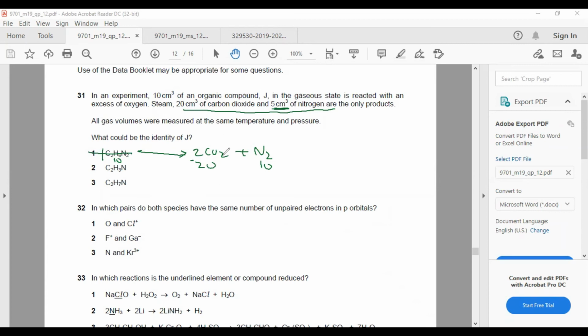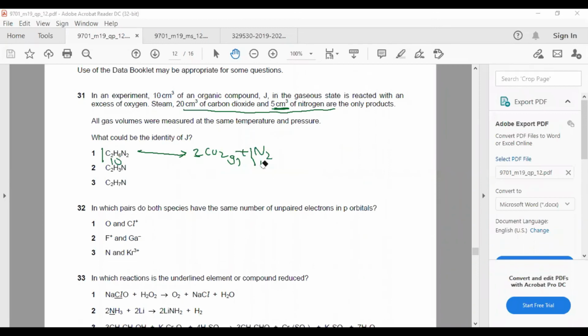Why? I told you for gases, the mole ratio is also used as the volume ratio. If it is 1, it will form 2. If it is 10, it forms 20, and it forms 10 also. Got it or not?